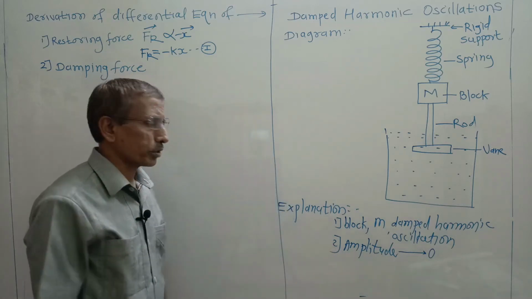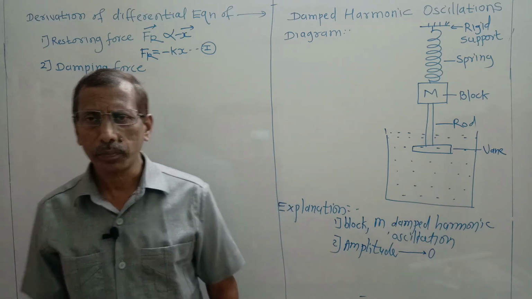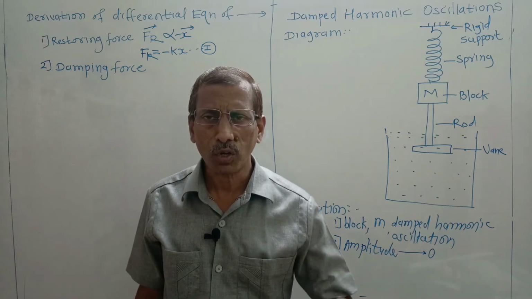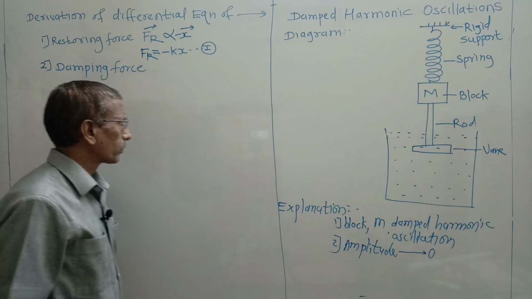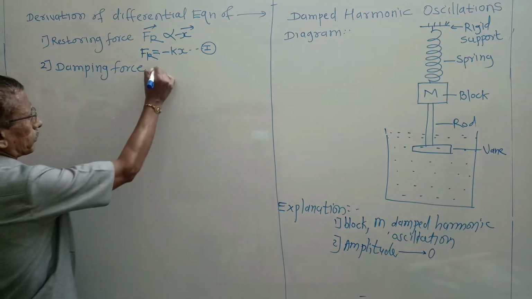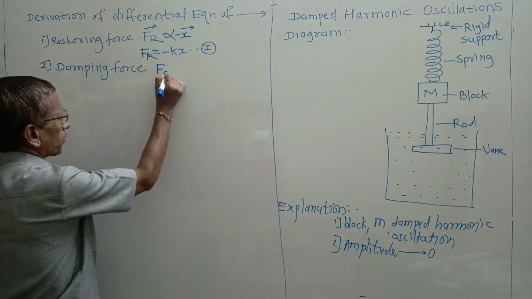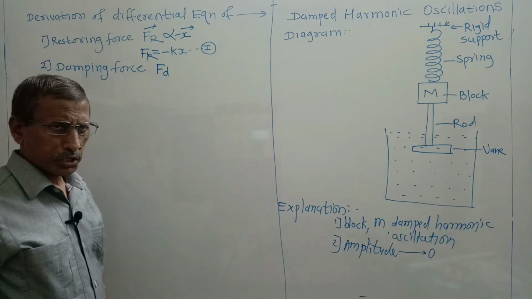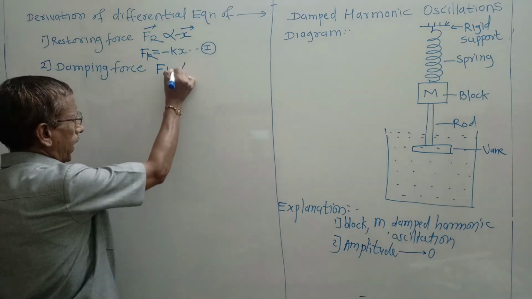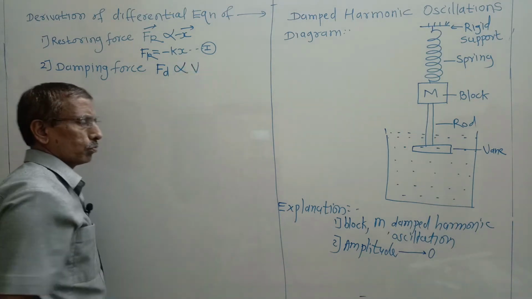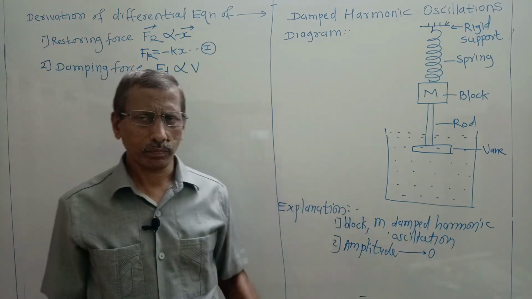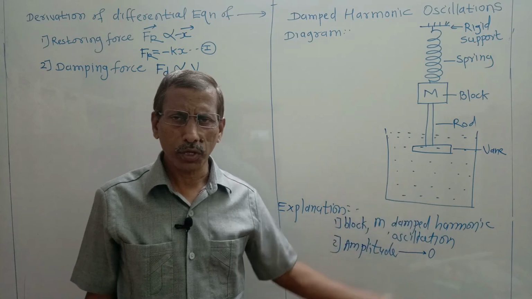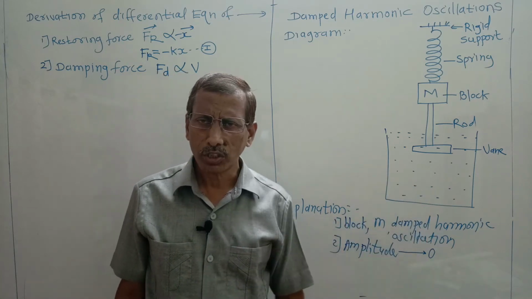So this force, the damping force, you already studied in the last lecture. It is a function of velocity. So Fd is a damping force. This damping force is directly proportional to velocity of the block or vane. Since they are connected to each other, all have the same velocity.